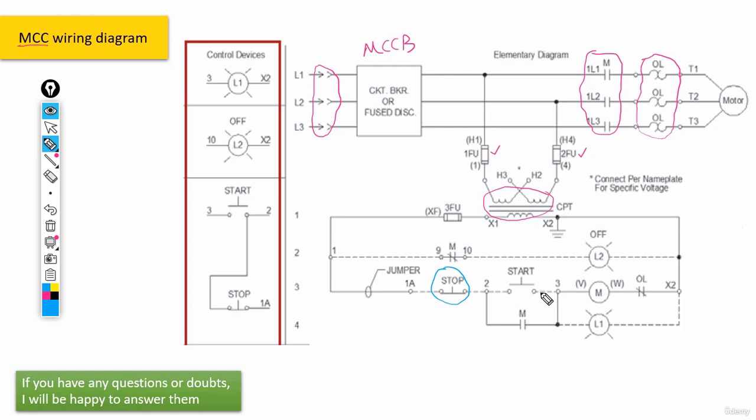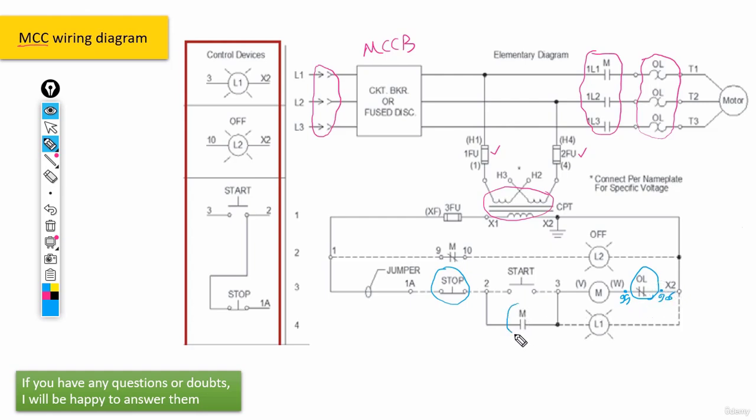We have the start push button after that. And then here we got the contactor's bobbin. And here we got the bimetal's normal closed contact, and again, the same numbers as before, 95 and 96.